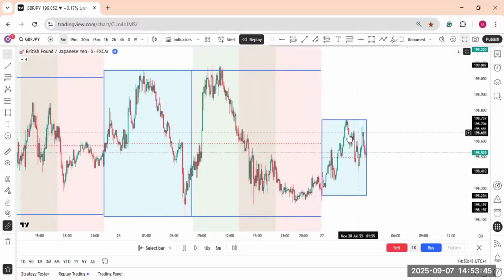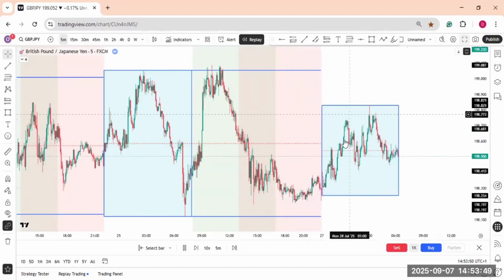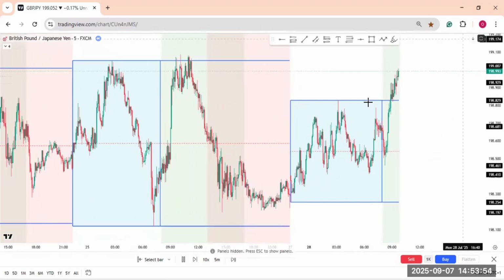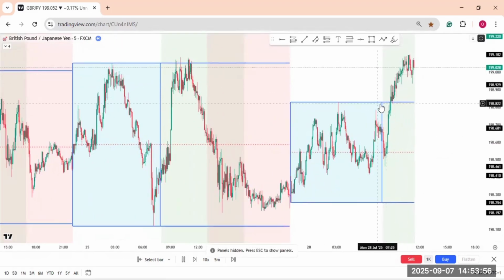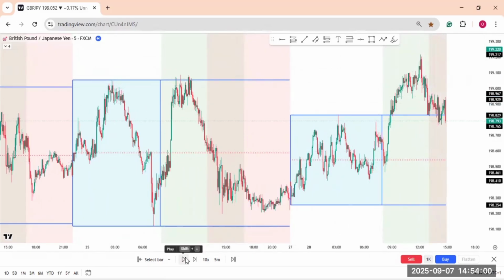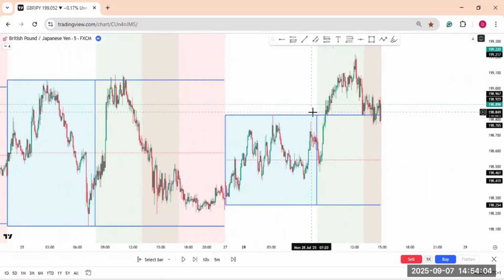So this is how the range is forming during the Asian session. Anytime that the range is forming, we'll be looking for price to clear the range, just as what is happening now. That is it. So we have a range that has been cleared, and then we have price entering the London session, which is painted blue here.